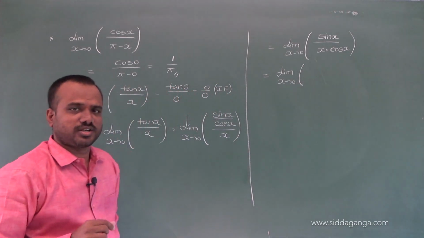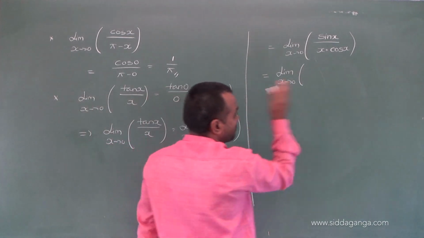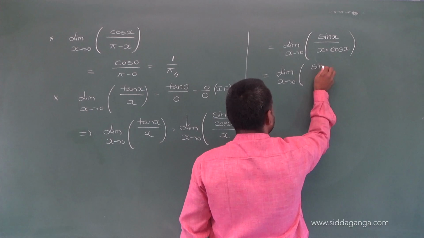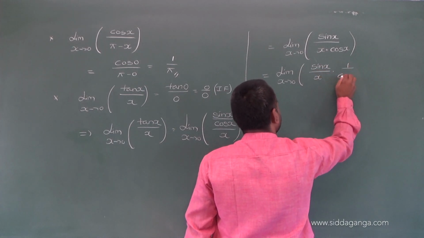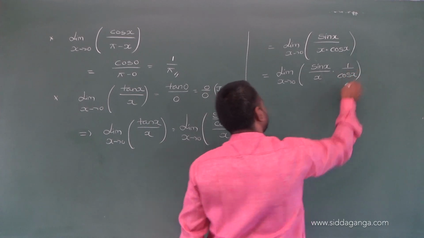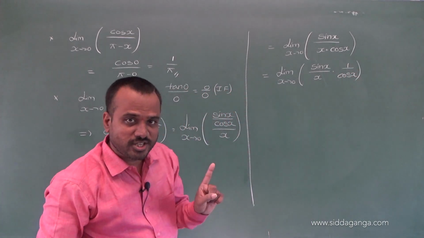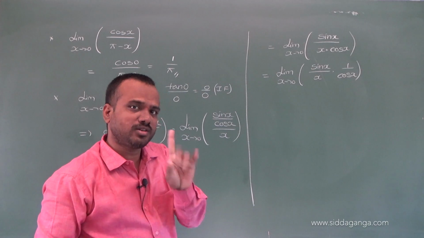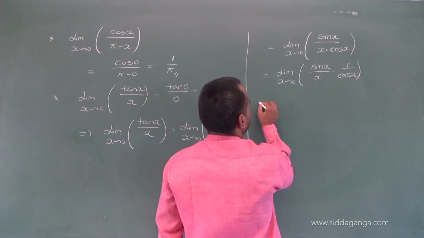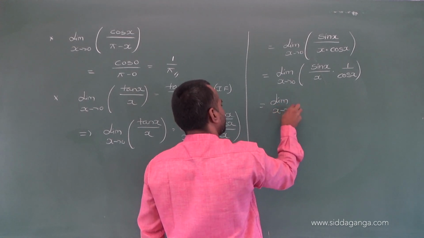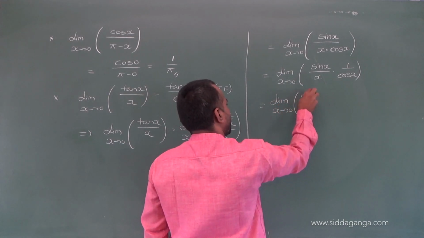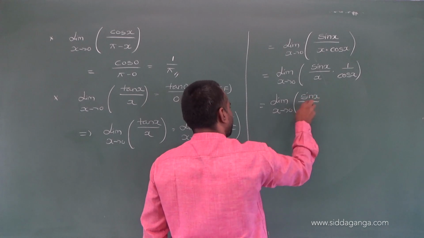Again, limit x tends to 0. Observe the simplification. I separate this one, these two, and 1 by cos x. Is it changed? No, it will remain the same. Again, what I do? I apply the limit separately.